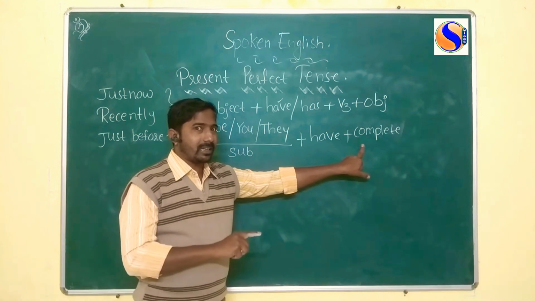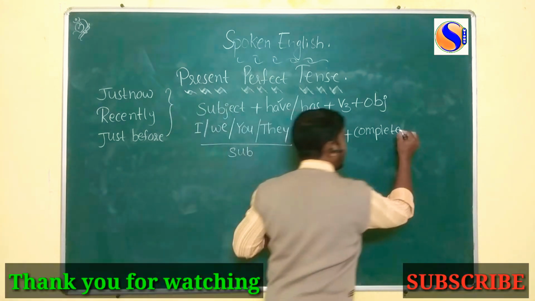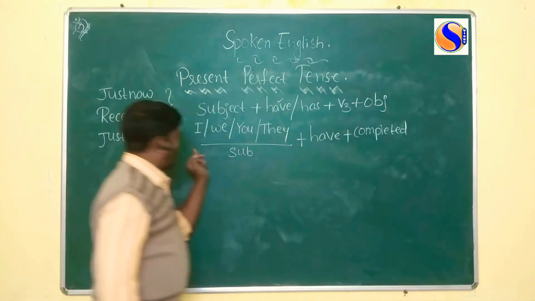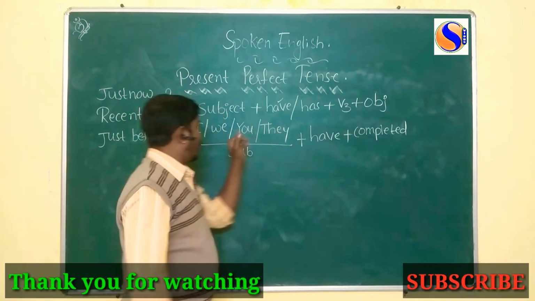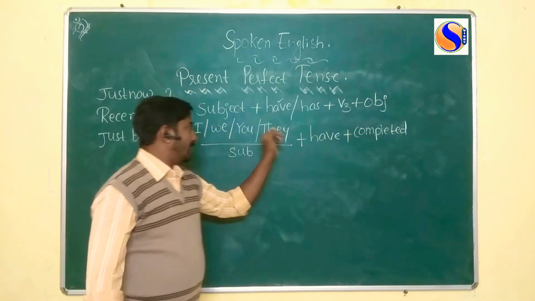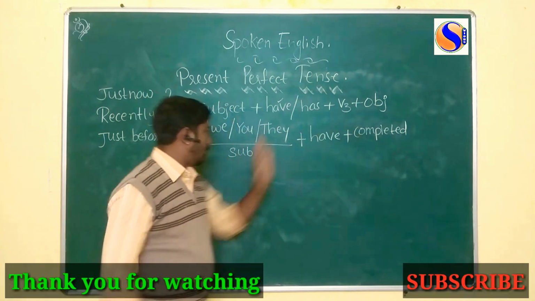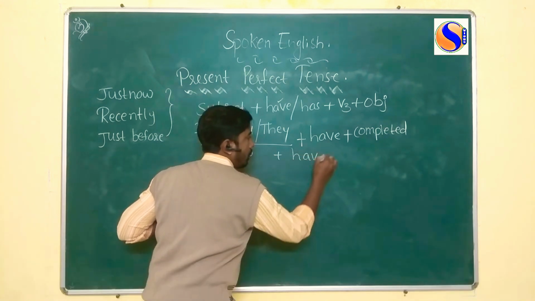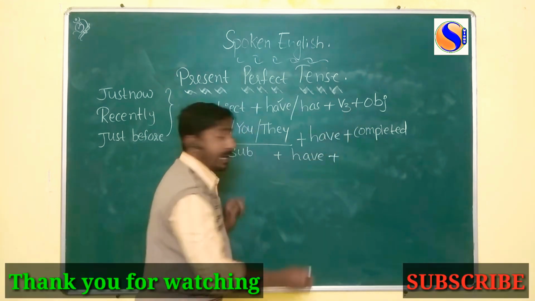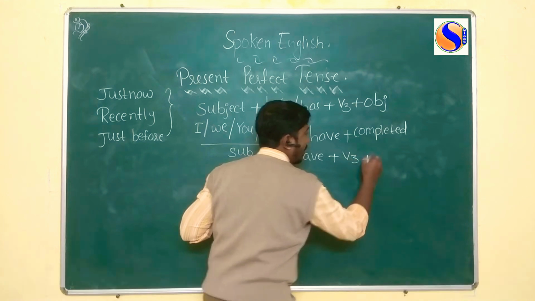Now see, complete V1 form is there. Let us change it into V3. Completed. I have completed. We have completed. You have completed. They have completed. Subject plus have plus V3 plus object.